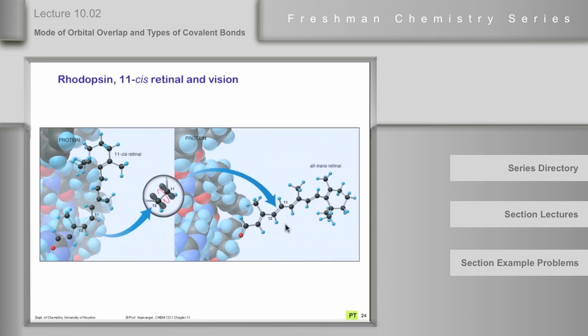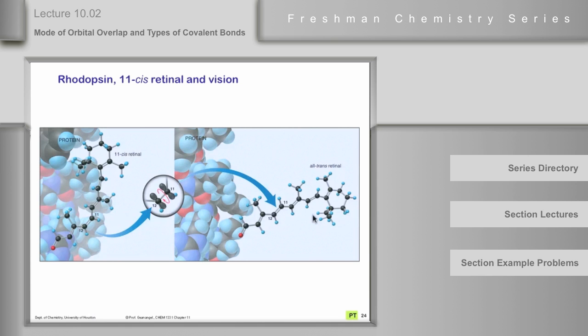It is a combination of photon energy being converted to physical energy, motion, and the influence of the new configuration of the retinal so that it's sticking out and interfering with ion flow. And that then is the key to the signal going down your optic nerve.